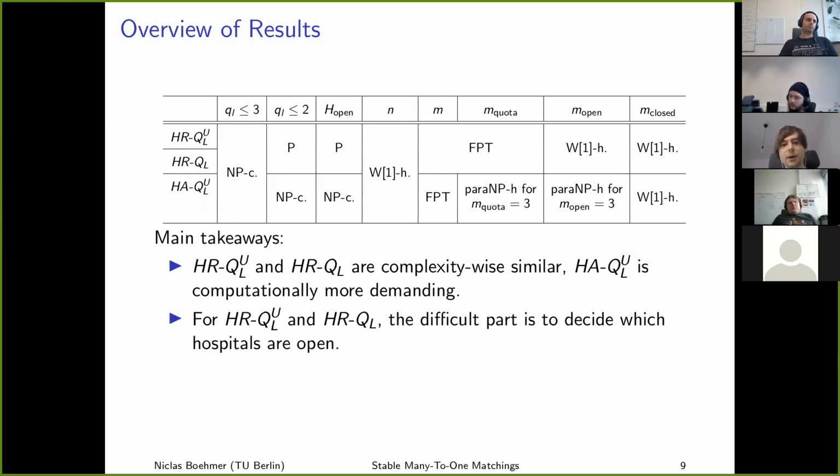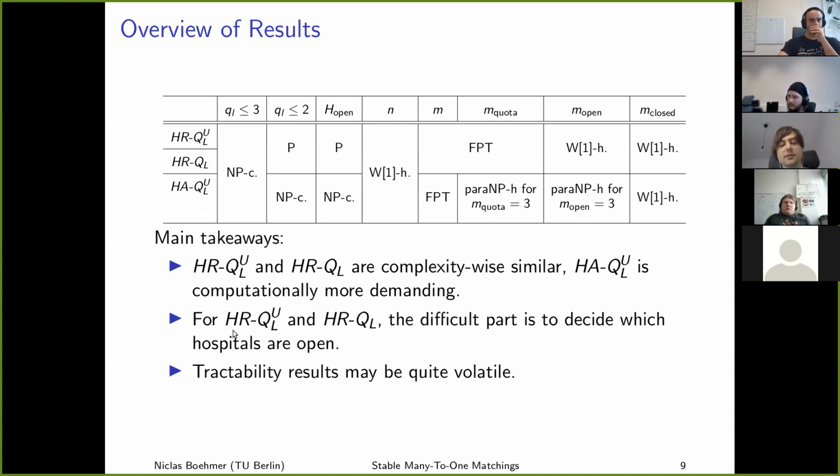So it's really not about assigning the residents to the hospitals such that no blocking pairs exist, but the complexity really lies in the blocking coalitions part. So in deciding which hospitals to open, which hospitals to close, and somehow preventing the existence of coalitions that want to open a currently closed hospital together.